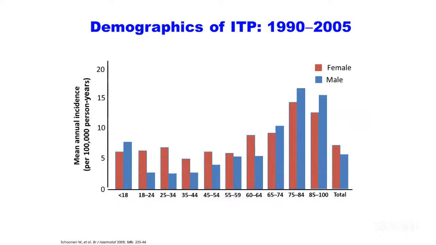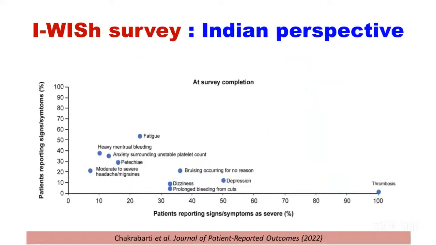If you see the demographic pattern over a period of time, this is one temporal progression of ITP from 1990 to 2005. It has been shown that as the age advances, it is more, and females are more affected than males.